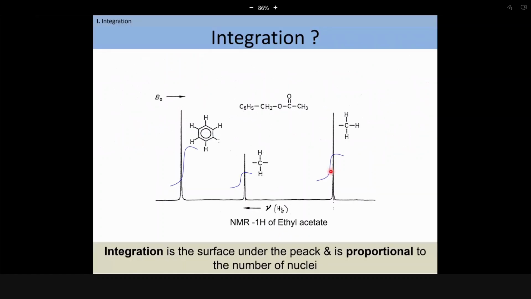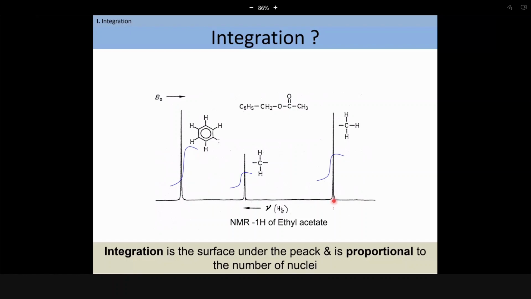The second information we can get from the protons is, as you could see, always on the same spectrum, some signals are higher than others. This fact is directly linked to the number of protons in the group which has the same chemical shift.